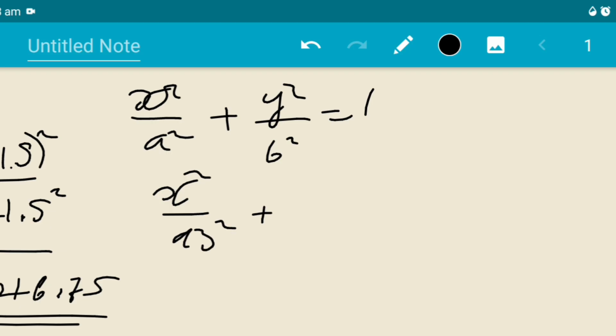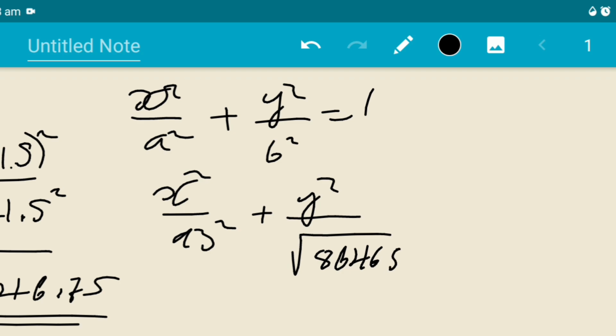Remember, this isn't your A. Your A is just this. In a similar way, B in this case would be this whole thing, the square root of 8646.75. The entire thing is B here. Then we have to raise it to the second power. Then we have our equation, which should be equal to 1. We're done. If you want, you can do that. It doesn't really matter. What you're going to remain with is this. But this isn't your B. Remember, your B is everything under the square root.